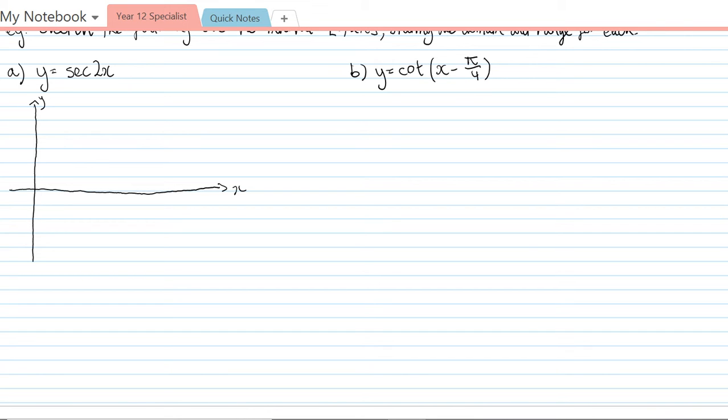So x, y, the values of 1 and negative 1 are still going to be significant here, and it's just going to go up like this, have an asymptote, and then another asymptote. Okay, so what I've drawn there is one full cycle of the graph.